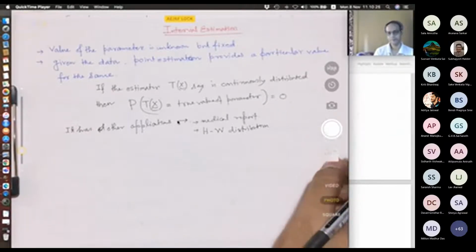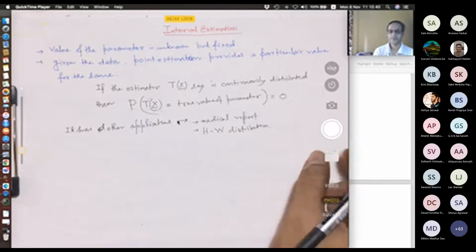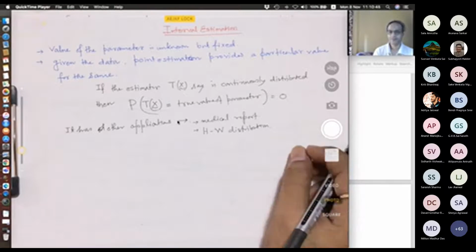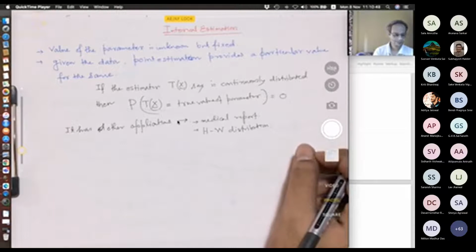If only a particular number is written in front of your gym, none of us will be able to exactly match that number. That doesn't mean that we are unfit. There is some interval. Below that, some other kind of treatment; above that, some other kind. So these kinds of situations are necessary.